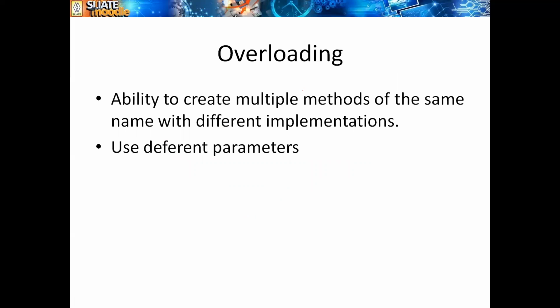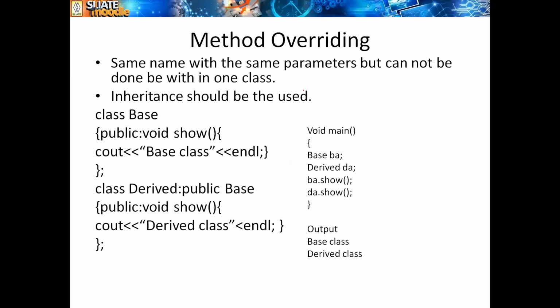Overloading: the ability to create multiple methods of the same name with different implementations, using different parameters. Method overriding: same name with the same parameters, but it cannot be done within one class. Inheritance would be used.